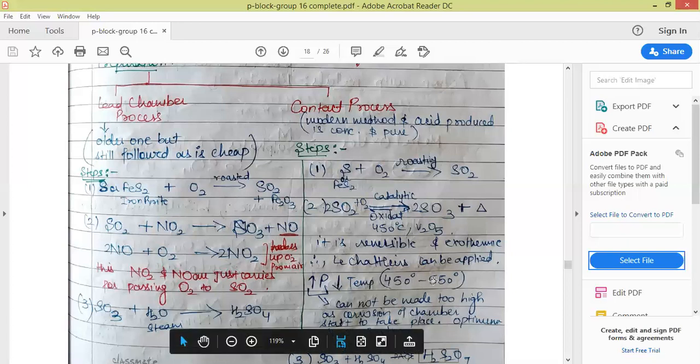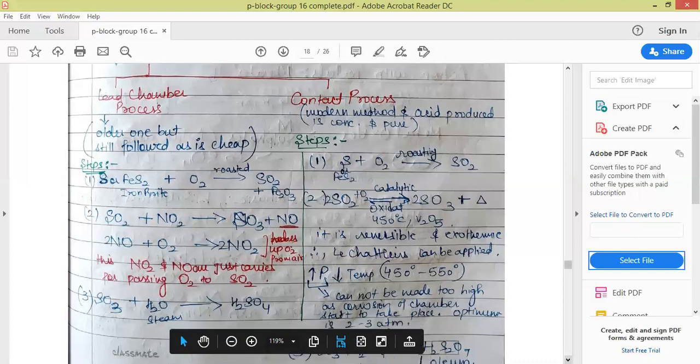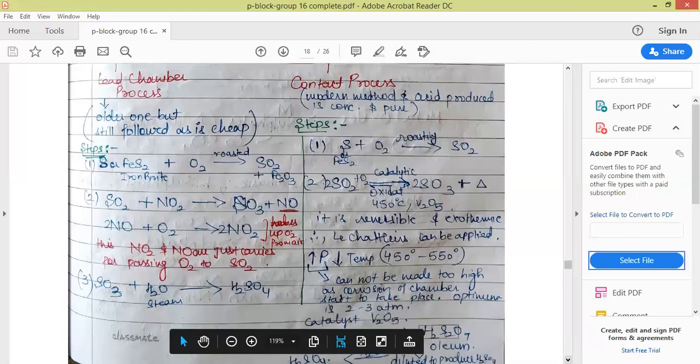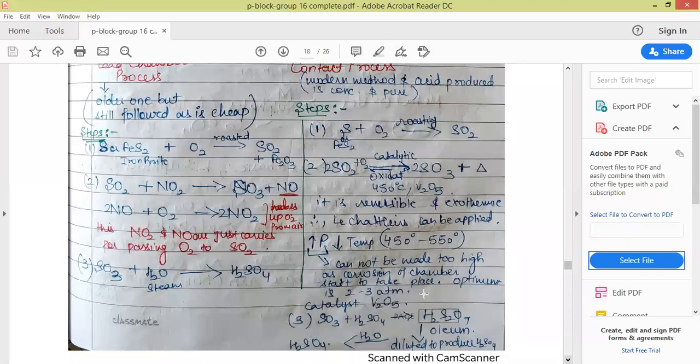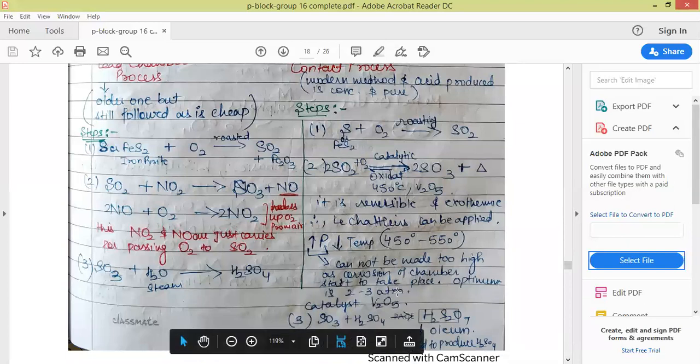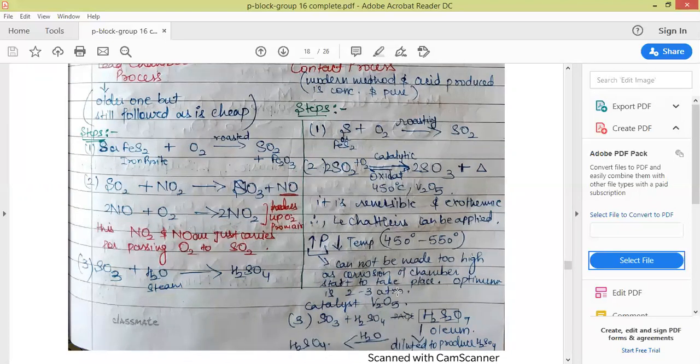Increasing the pressure will definitely favor the reaction, but it cannot be made too high, because of the corrosive action of the gases formed, such as SO2. If the pressure is made too high, corrosion of the chamber starts to take place. So an optimum pressure of 2 to 3 atmospheres is kept.